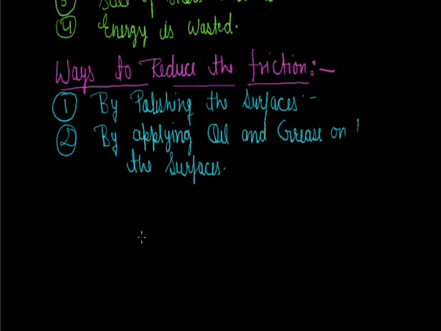Oil and grease form a thin layer between the two surfaces, thus a lubricant separates the two surfaces. This reduces the chance of interlocking of two surfaces and thus reduces the force of friction. Soap solution also acts as lubricant. That is why we tend to slip on the floor if it is covered with soap solution.